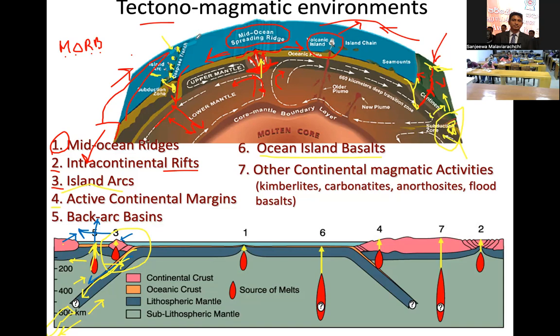At the subduction zone, what we had was island arcs, right? But these are different because this is just in the middle of an ocean, where mid-ocean ridge is already there, but away from the mid-ocean ridge in this region here. Here, oceanic islands are produced.